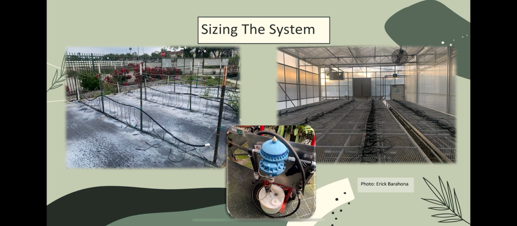Over here on the right is a greenhouse that was getting ready to get in season for poinsettias, and again you see the main line feeding down with individual spaghetti tubes and emitters at the ends.